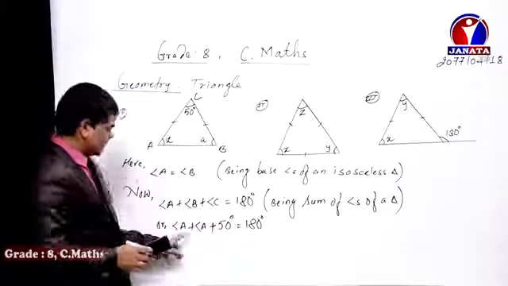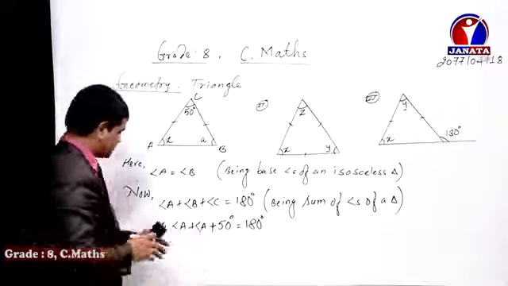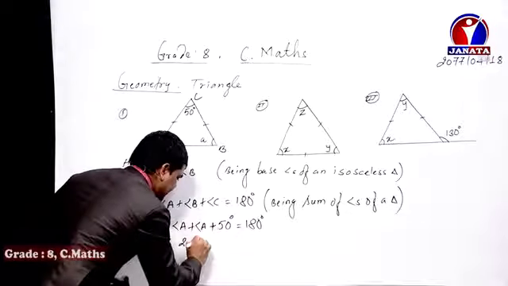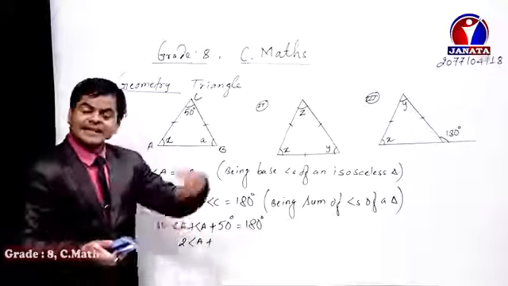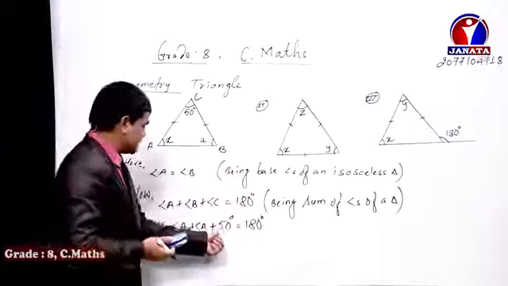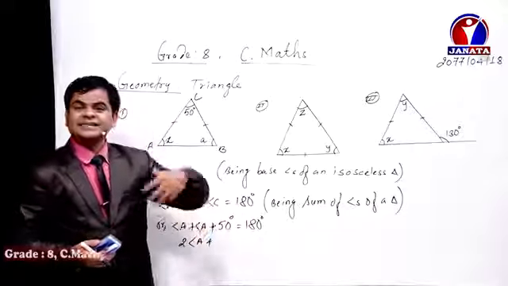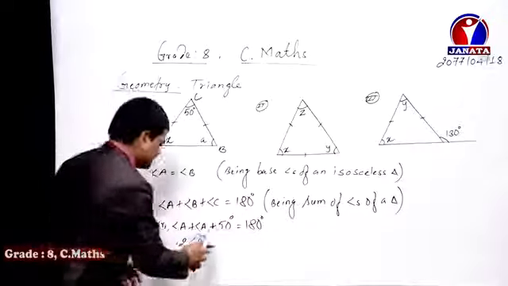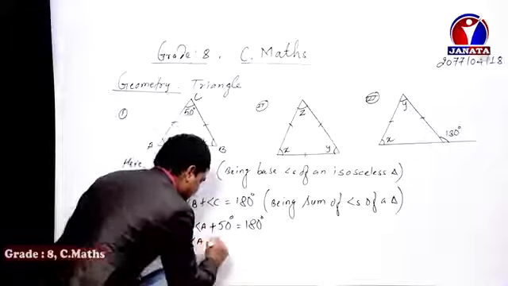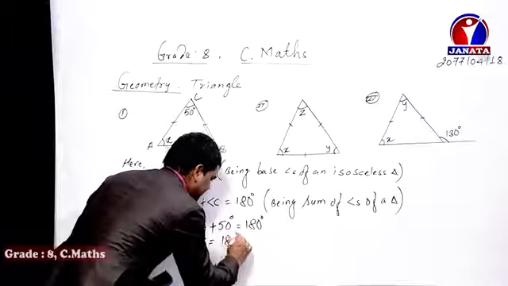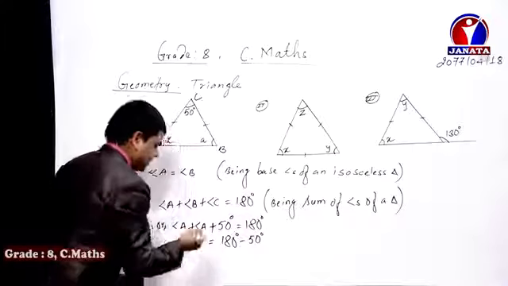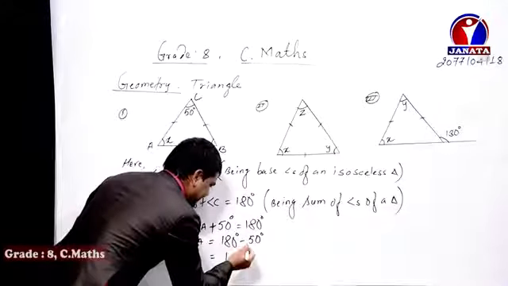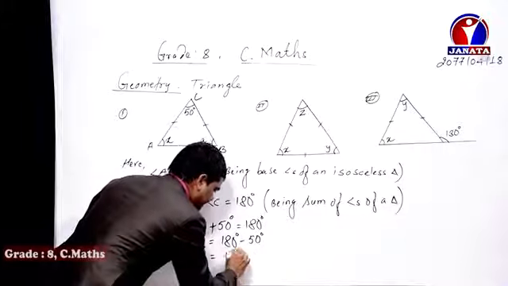Now angle A plus angle A, twice angle A, plus 50 degrees. Can you take 50 degrees to that side? As it is plus on this side, when we take it to that side, it becomes minus. So 180 degrees minus 50 degrees is 130 degrees.